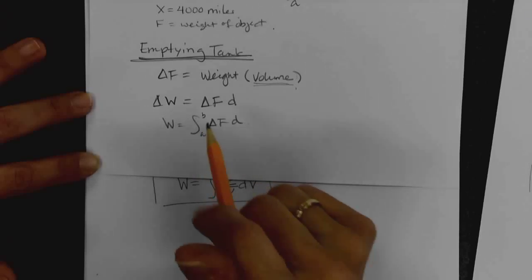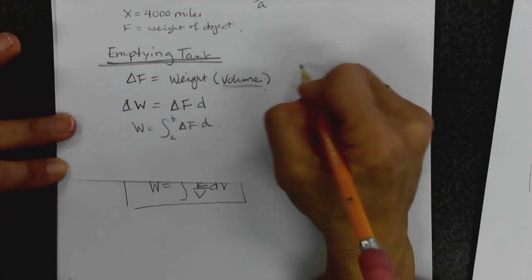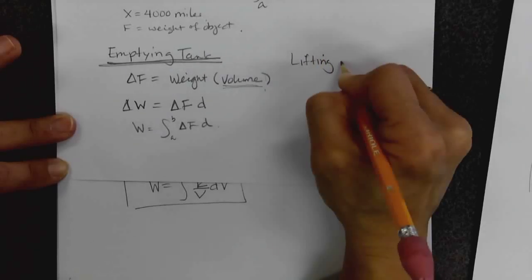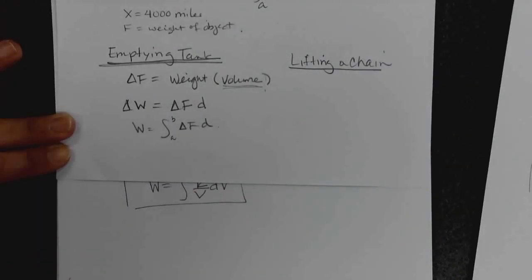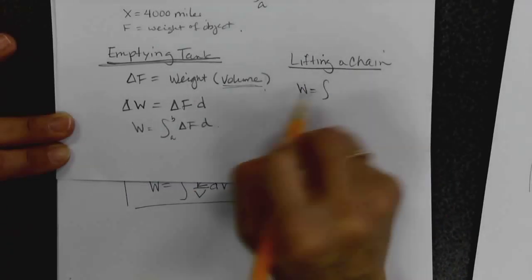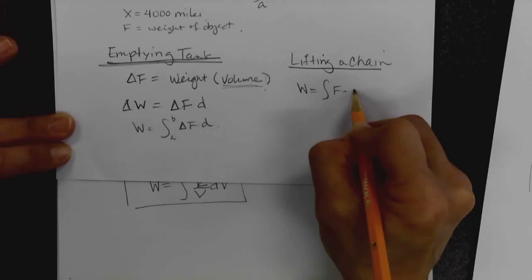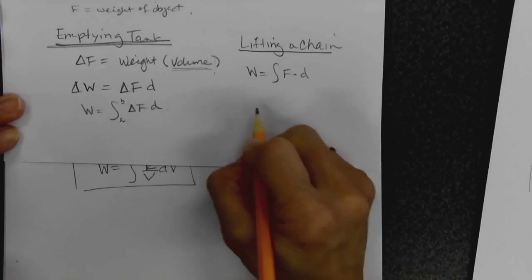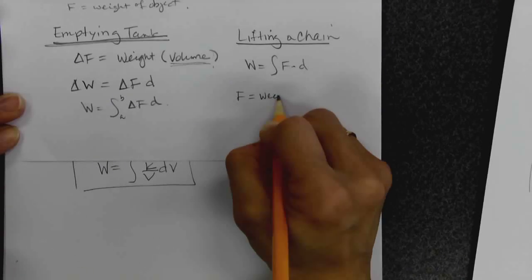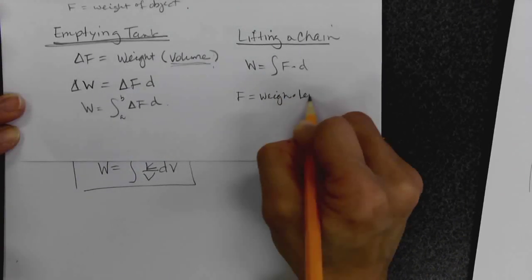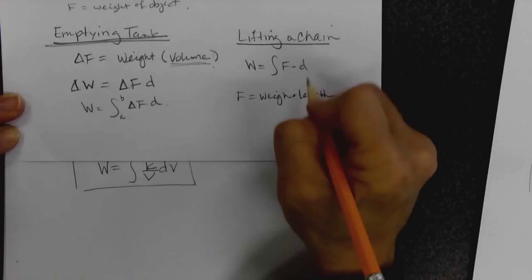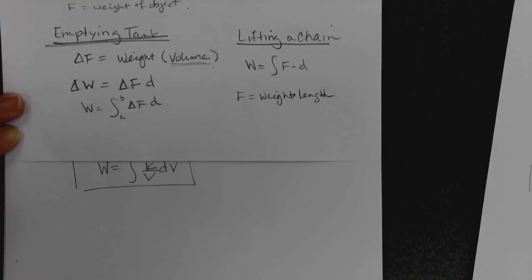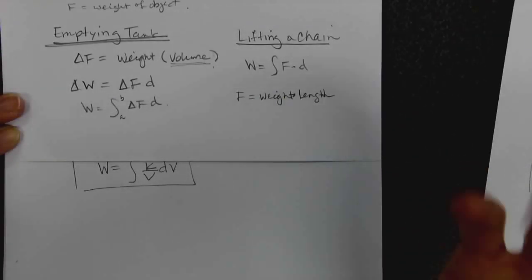So then to that, I would add lifting a chain. That will be, what did I say? Force times distance, where force is equal to weight times the length. Okay? Weight times the length. And I spelled weight wrong. So you're still using force times distance.